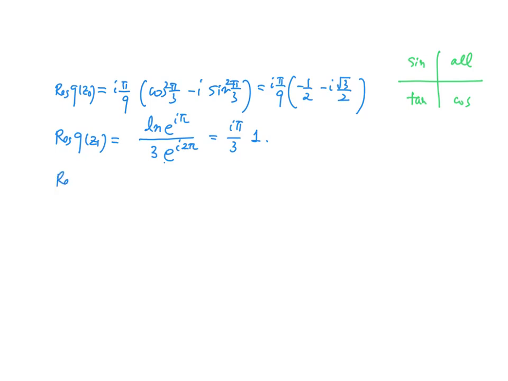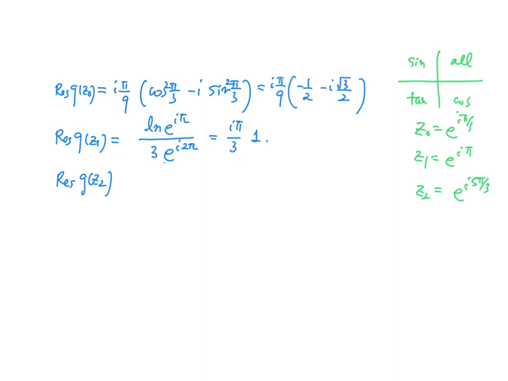And residue GZ2 is 3, Z2 was I pi over 3, C1 was exponential I pi, C2 is exponential I 5 pi over 3, right?